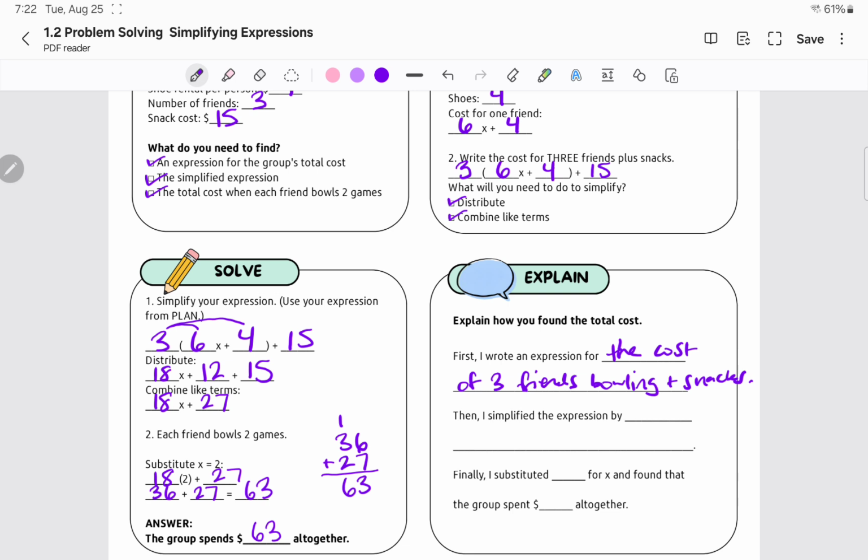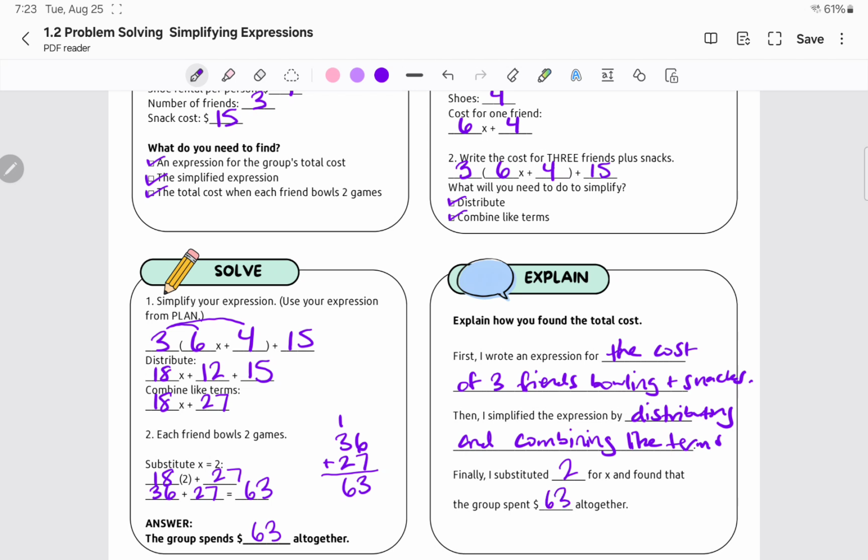Then I simplify the expression by using distributive property and combining like terms. Finally, I substituted 2 for X because they bowled 2 games and found that the group spent $63 altogether.